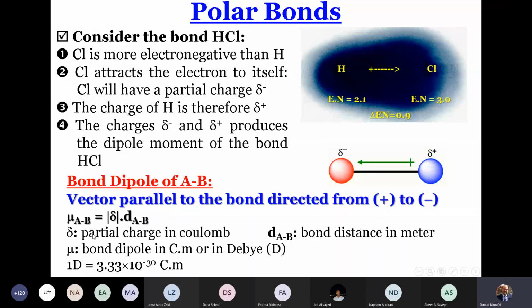Delta is the partial charge in Coulomb, and dAB is the bond distance in meter. So mu AB is in Coulomb times meter. Or we use another unit, the debye, noted D. 1 debye equals 3.33 times 10 to the minus 30 Coulomb times meter.